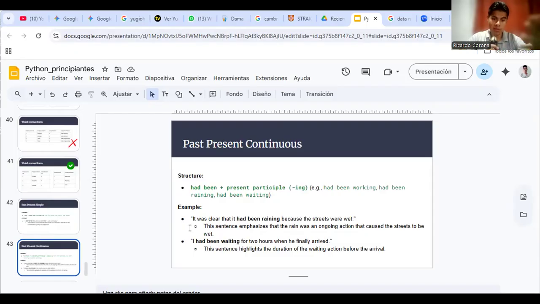I was waiting, in another structure, when he finally arrived. But when we say I had been waiting, I had been doing that action when he finally arrived. The sentence highlights the duration of the waiting action before he arrived.